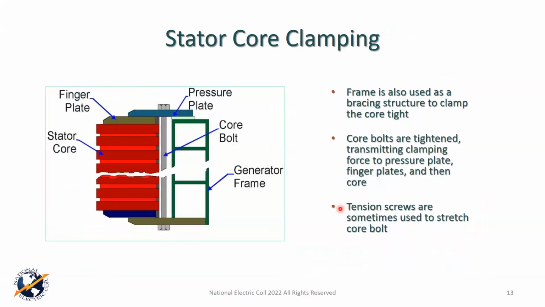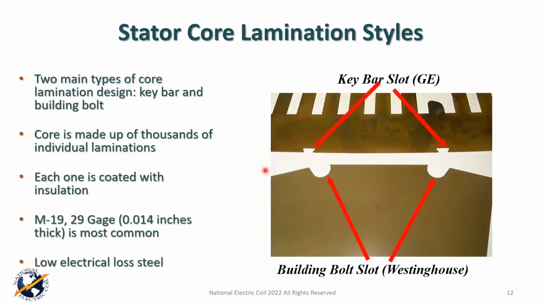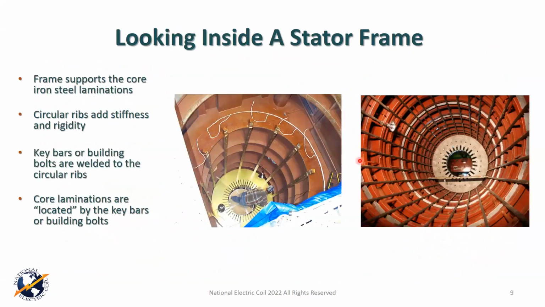Now, the core clamping, this is how we get that thing tight once it's manufactured. And this is a very simplistic illustration you see here just to give you an idea. But over the years, it always used to bother me. I'm a two-time ex-Westinghouse guy, and I could never understand, if we go back a couple of slides, why this Westinghouse design has twice as many bolts, essentially.